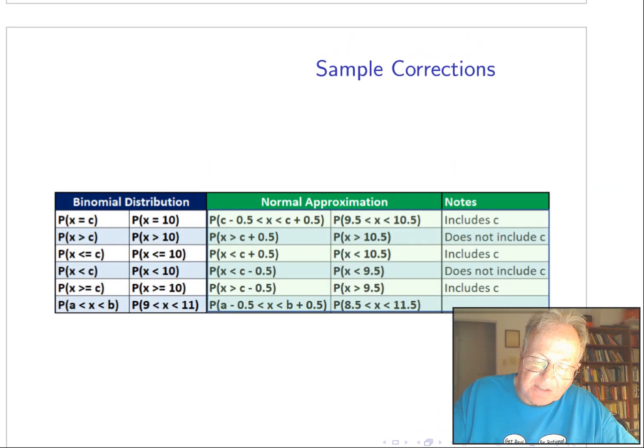If that seems a little confusing, here's a table that shows you how to go ahead and make the continuity corrections for a variety of conditions, whether it's equality, strictly greater than, less than or equal to, strictly less than, greater than or equal to, or between.